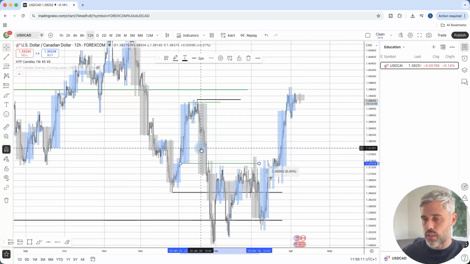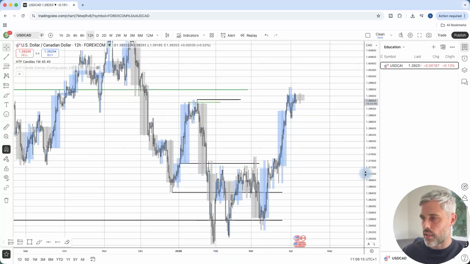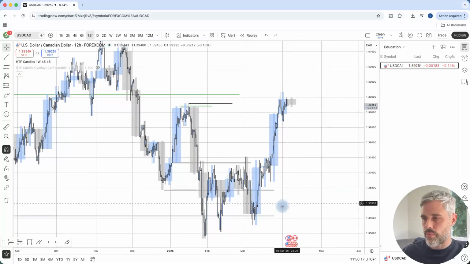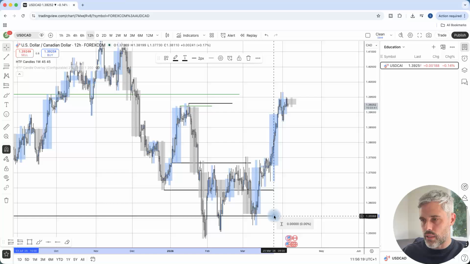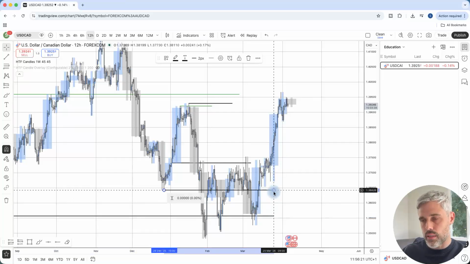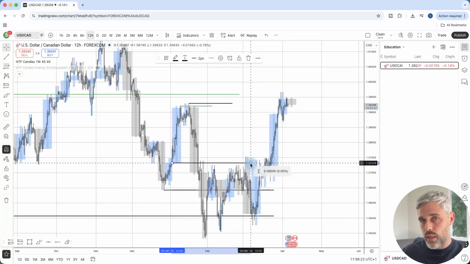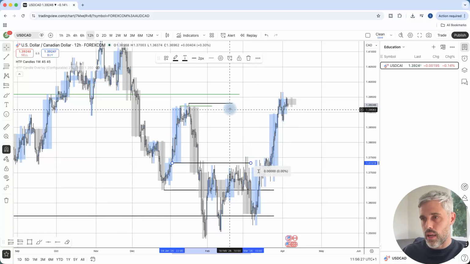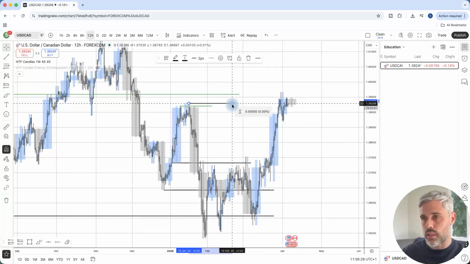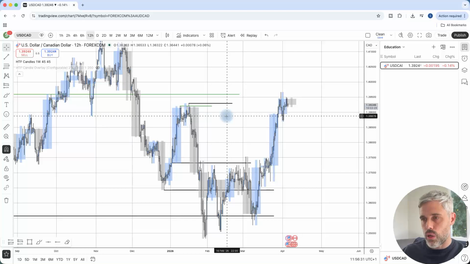Accumulation, manipulation, distribution. So we now have a proper read on cascade targets from the 3-month down. 3-month AMD target, monthly continuation target, weekly accumulation, manipulation, distribution target, and a conflicting 2-week continuation target.